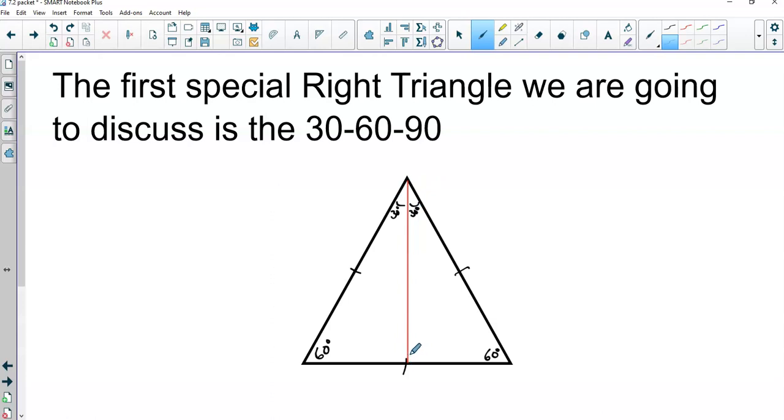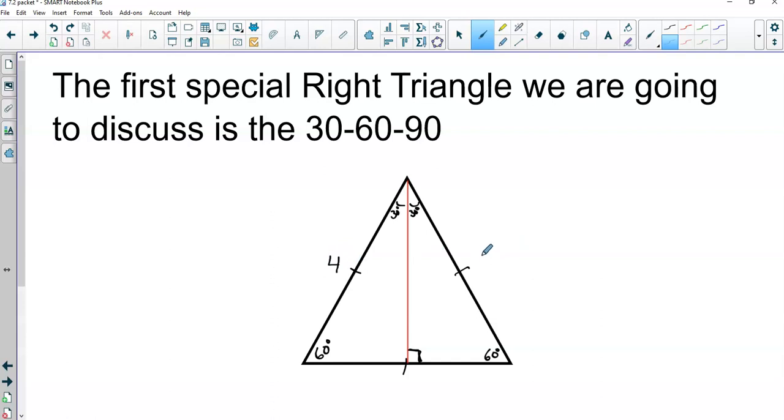Okay, so let's say that is the altitude. Remember, the altitude is perpendicular to the base. It's perpendicular, that means it's a right angle. So then we have a right triangle, or two right triangles, correct? Suppose that this side of the triangle measures, let's say 4, just to make it even.